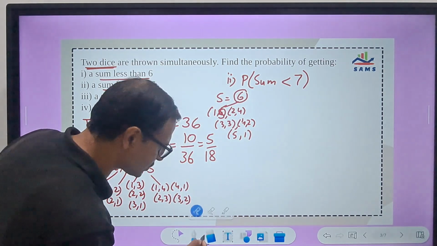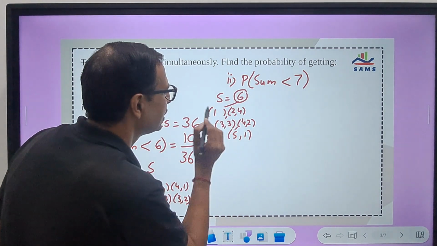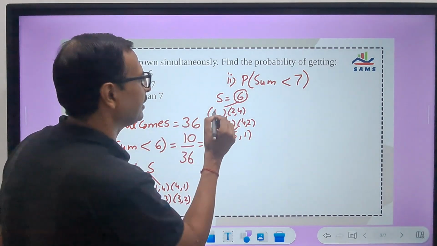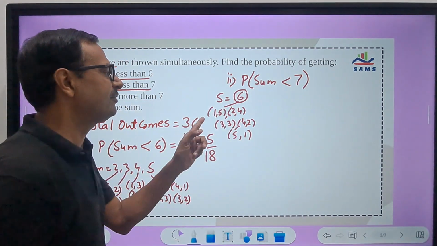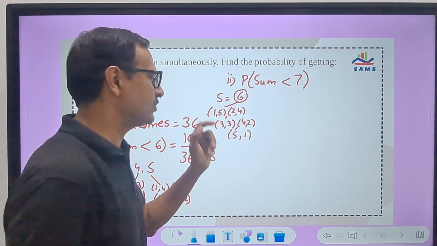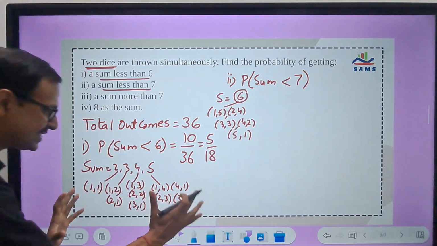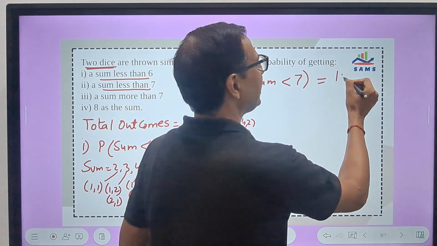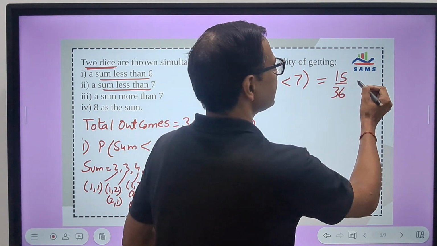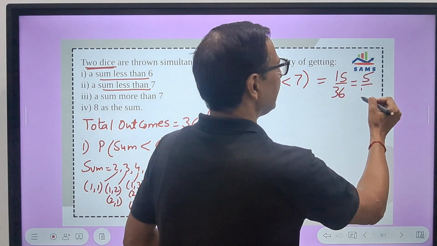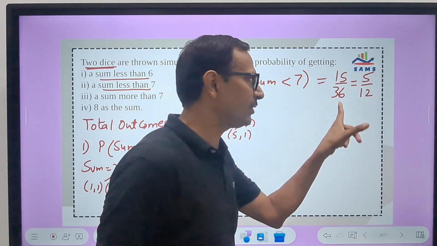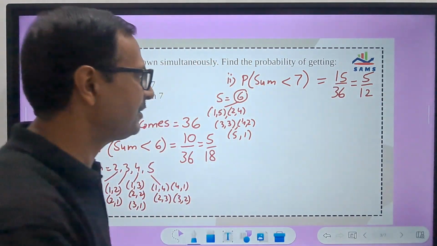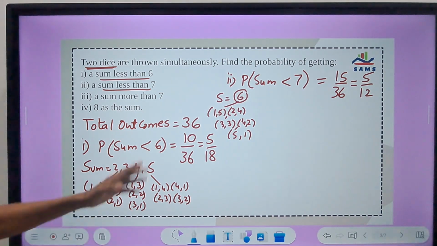Right? So how many cases are added now to these 10 cases? 10 plus 5 is 15, and so 15 upon 36, which is 5 upon 12. I have cancelled the common factor 3. Okay, so 5 by 12 is the answer for the second part.